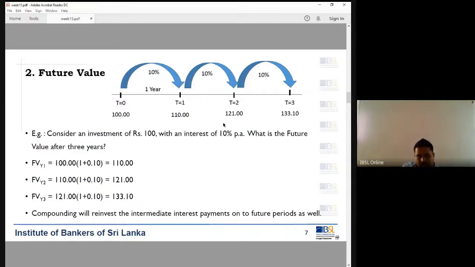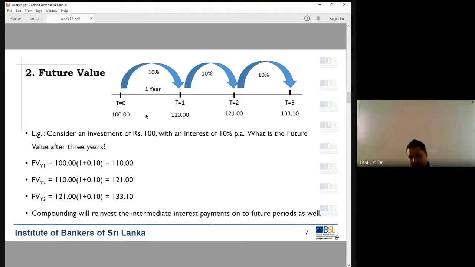So the last point, let's say at T3 also, we start with 121 and receive another 12.10 of interest. Sorry, let me repeat. This 133.10 should comprise the 100 that came in.